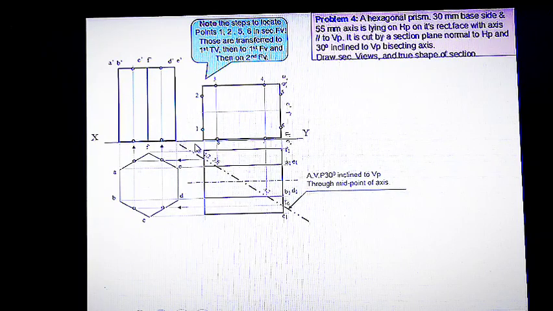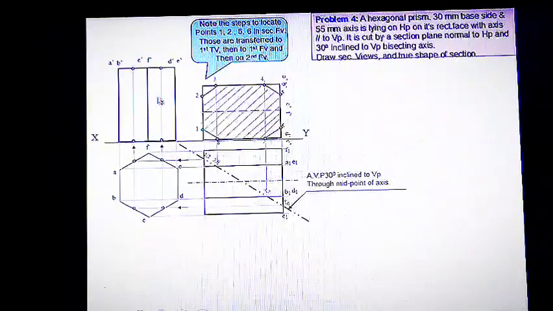Now we know the cutting plane intersects the solid with flat surfaces. So the line used for joining these points will be straight lines. So join these points 1, 2, 3, 4, 5, 6, 7, 8 by using straight lines. Okay, like this.